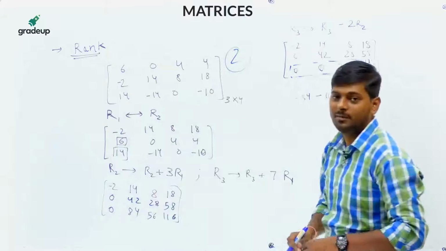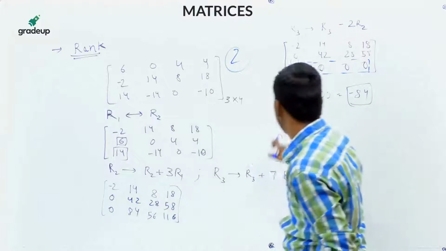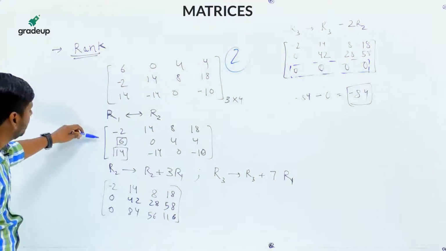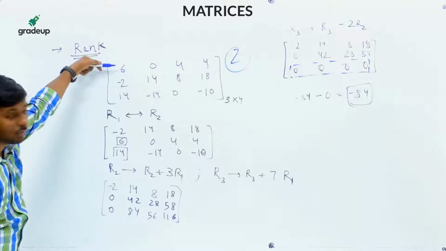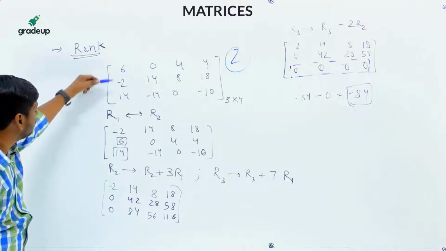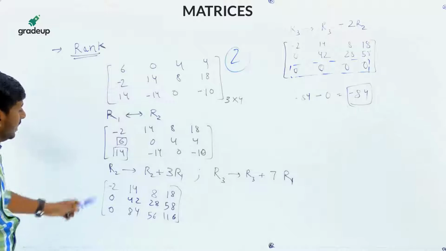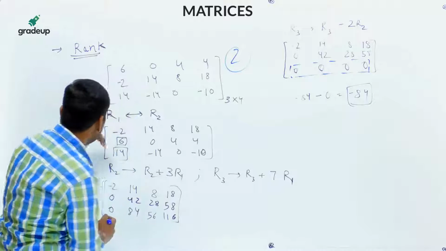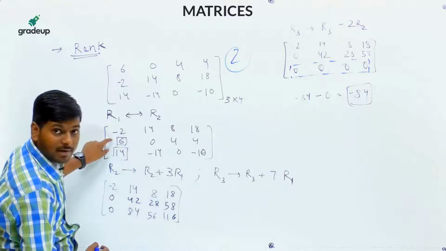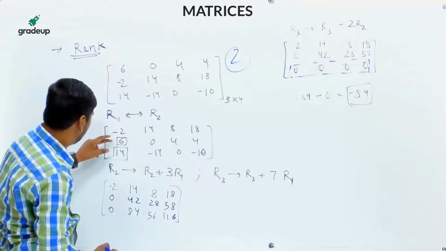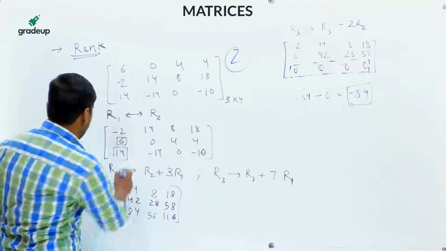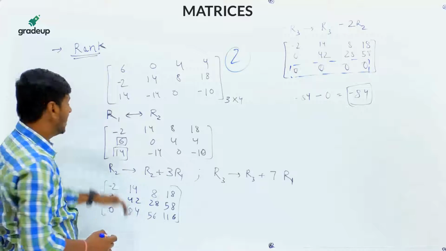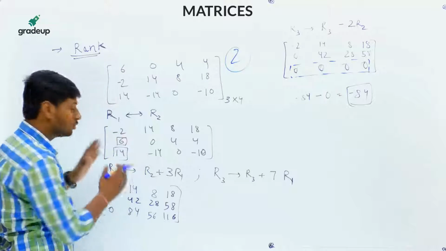So let me revise this question once again. First we interchanged the first row with the second row. We get the minus 2 row here and the 6 row at the place of the second row. Then we apply these two operations. Why did we apply these two operations? Because we need to make these elements 0. Always remember, all the elements of the first column after the first element should be 0.